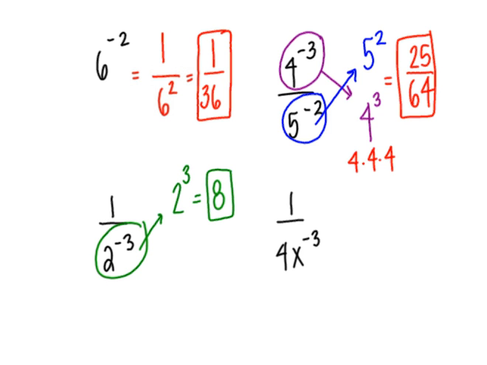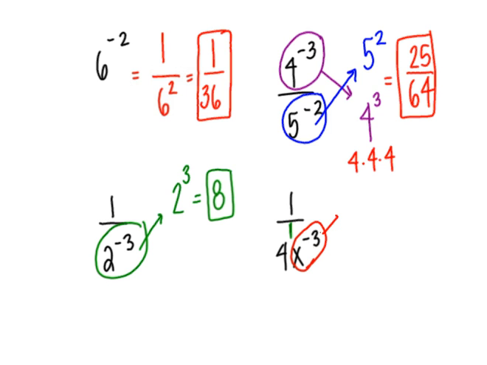The last one on this slide is 1 divided by 4x to the negative 3. What you have to remember here is although 4x to the negative 3 is one term, it has two factors, and this 4 is actually understood to be 4 to the 1. The 4 to the 1 has a positive exponent, so the only part, the only factor with a negative exponent is this x to the negative 3.